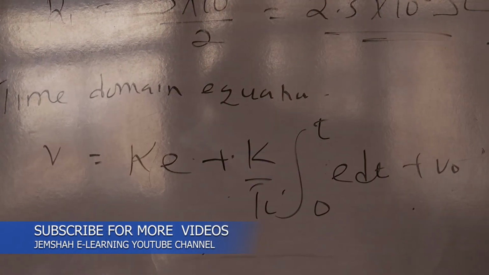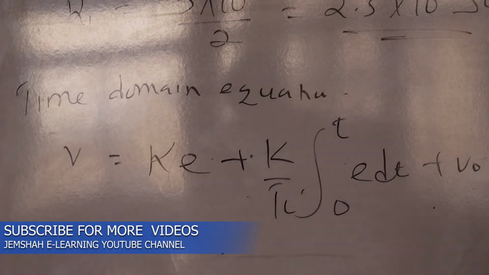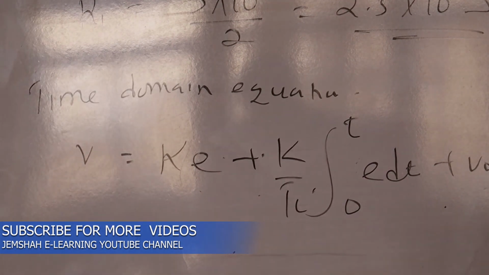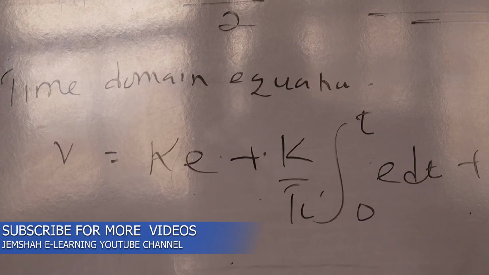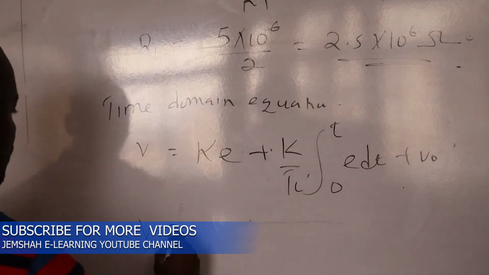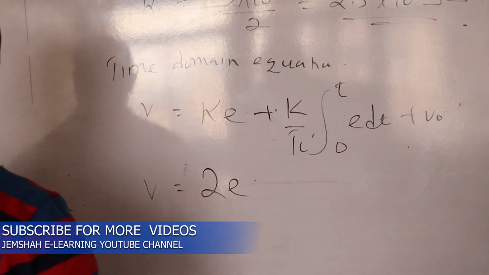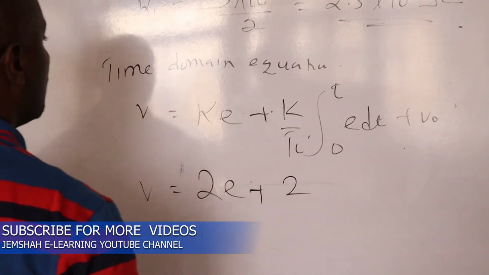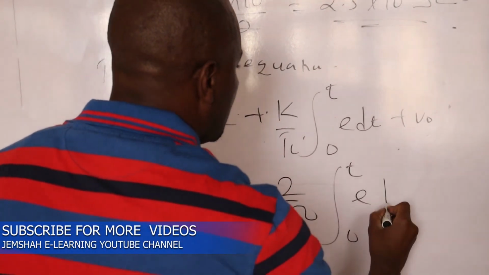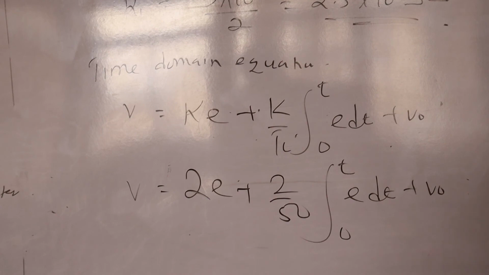We don't have values like e and v naught, so we express the equation in that manner. So small v is K, which is 2, times e, plus K again, which is 2, over Ti, which is 50, times the integral between 0 and t of e dt, plus v naught. With that, you will have obtained the time domain equation.